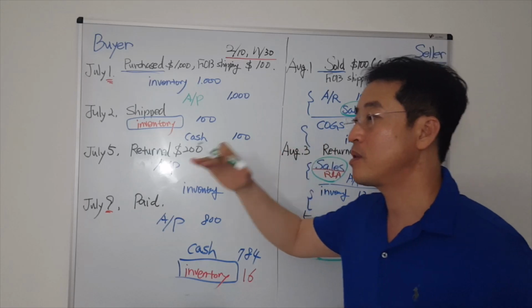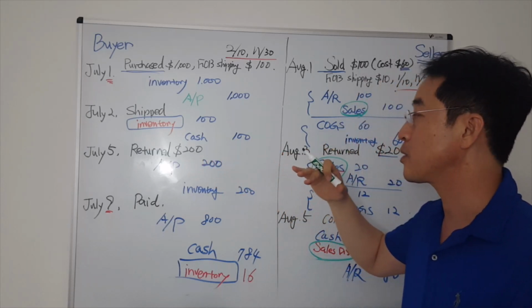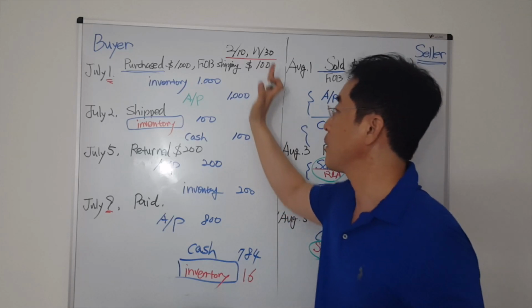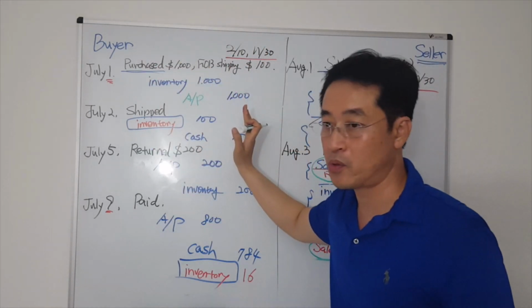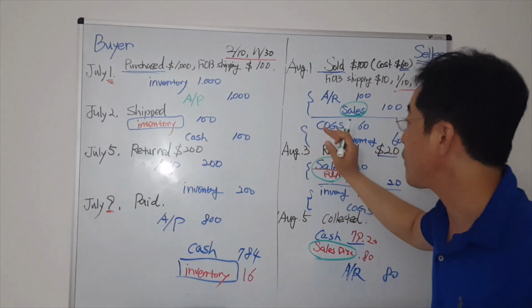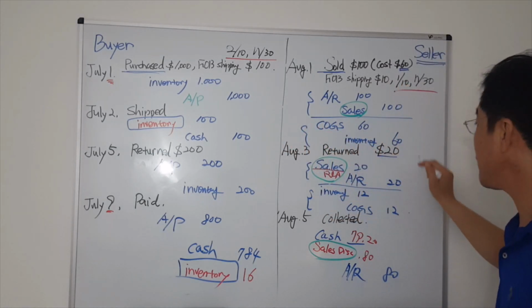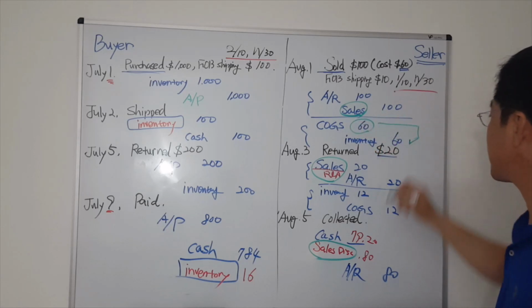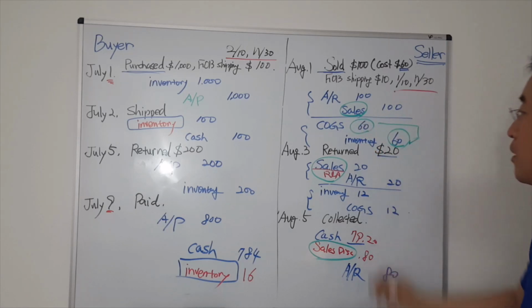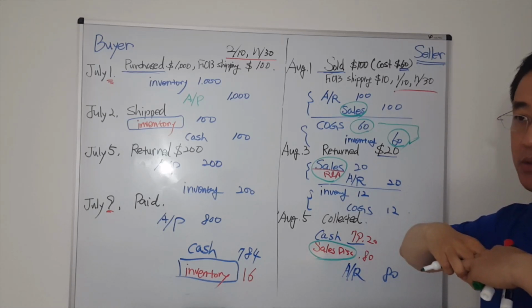How do we keep the level of inventory and cost of goods sold in real time, while at the buyer's point of view we just update the inventory? When we reduce inventory, we match exactly the same amount of cost of goods sold. Cost of goods sold and inventory out are exactly the same amount.